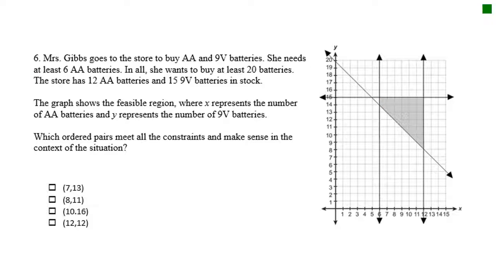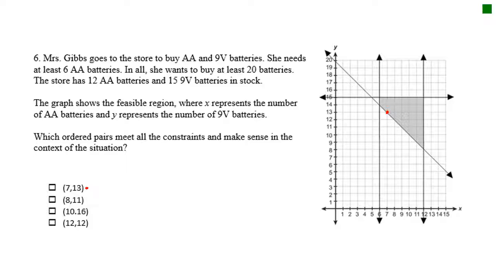So what we're going to do is go through each of these ordered pairs and see, is that ordered pair in our solution set? The first one we'll look at is 7, 13. So 7, 13 is right here.